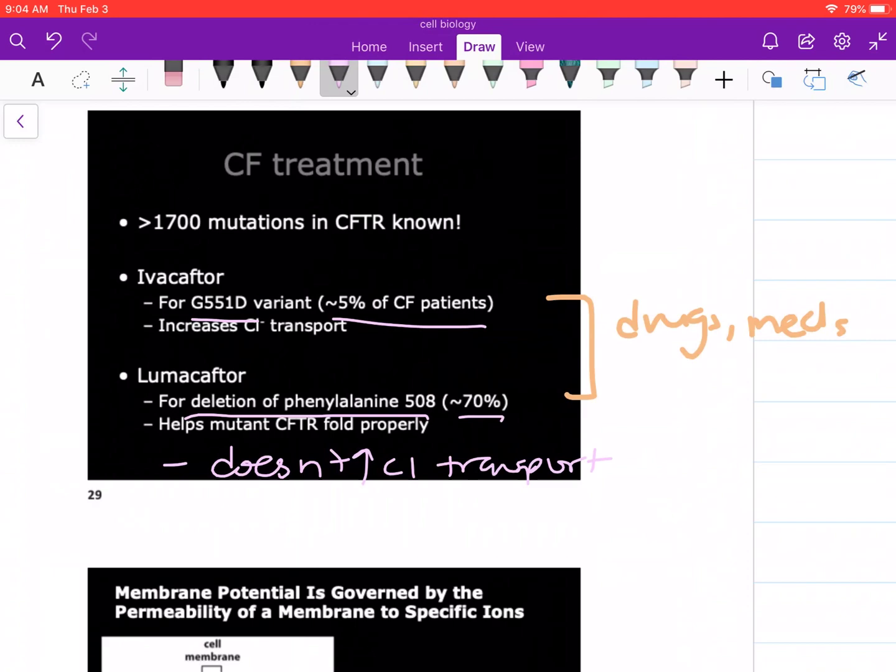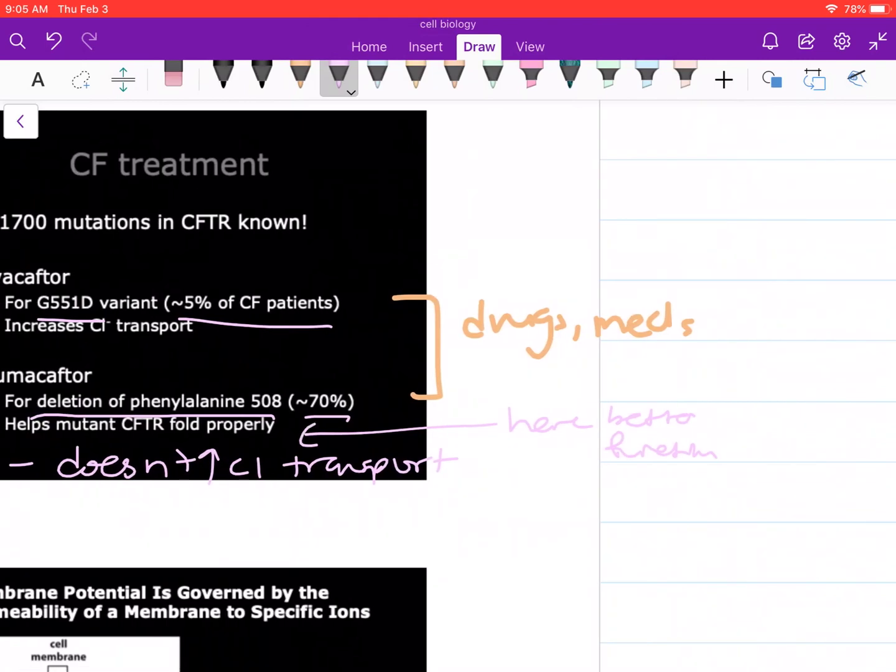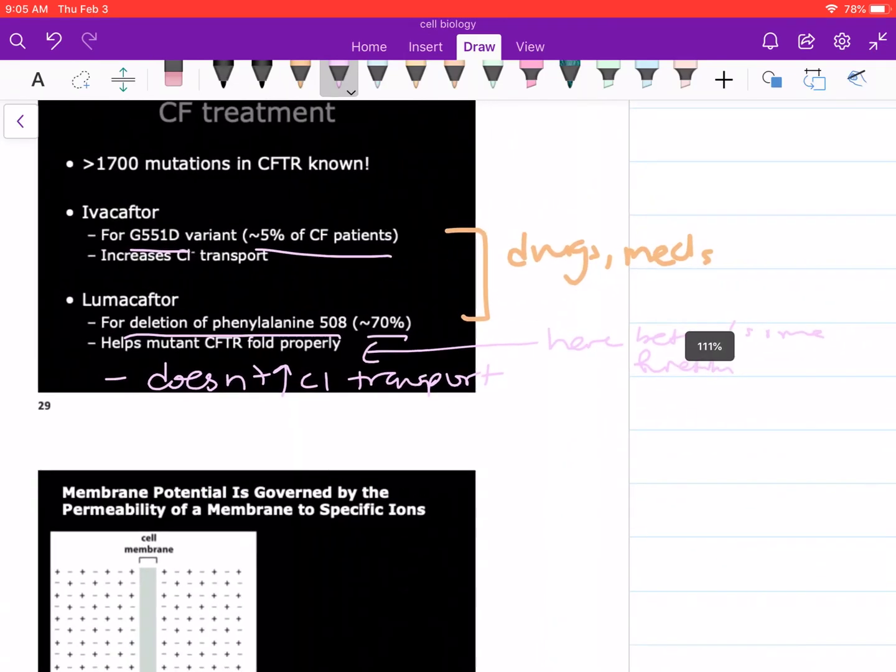So this drug gets in there when the protein is being synthesized and helps it fold better so that it can have some function. All right, so this drug helps the protein fold properly. All right, so that's a little bit about a specific example of a transporter and why transporters are important.